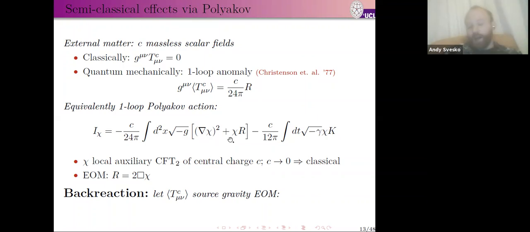But again, I can describe this in more detail in a couple slides, where you'll see why we define the semi-classical limit in the way we do.